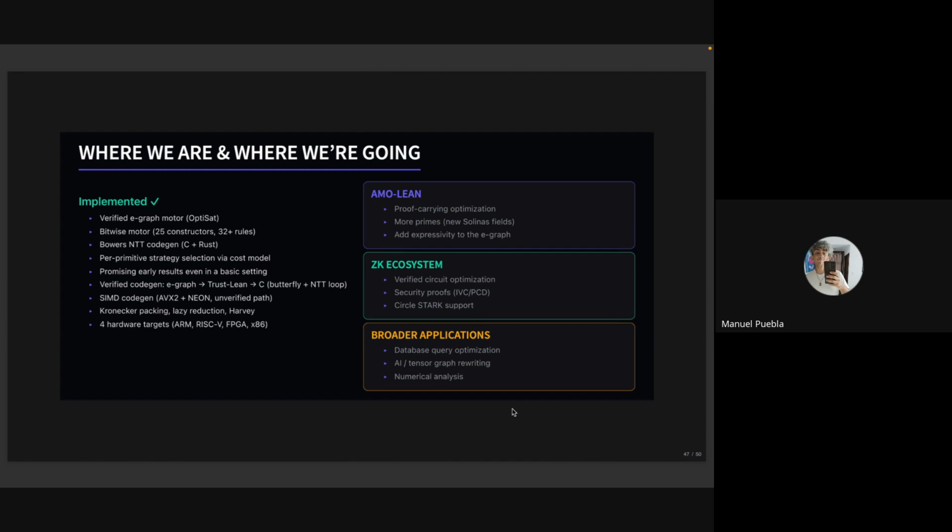Really, the applications of this equality saturation engine are very flexible, and we're going to be studying the possibility of studying security standards with this kind of technique. Also, there are many other applications that go outside crypto. We can have database theory explored, also AI and tensor analysis, and also numerical analysis is a big one for us.